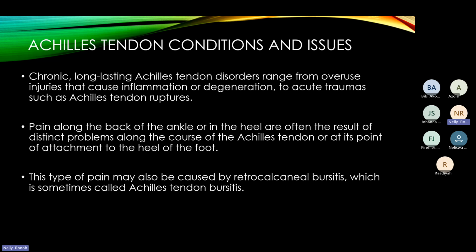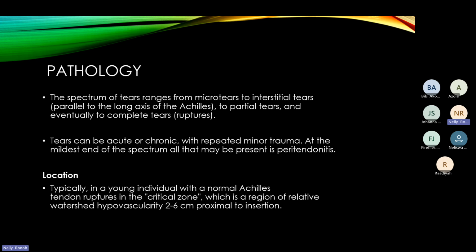So then, what are some of the pathologies that we have? The spectrum of tears ranges from microtears to interstitial tears, which are known as intrasubstance tears and are parallel to the long axis of the Achilles itself, to partial tears, and eventually to complete tears.